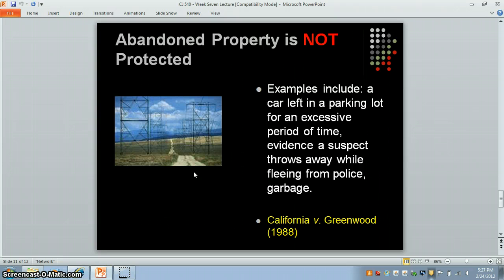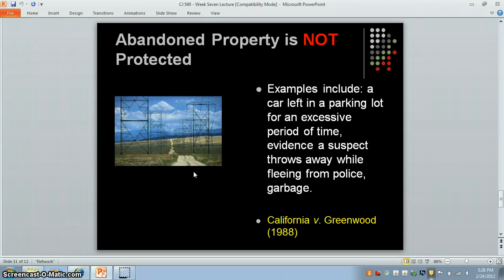Abandoned property does not belong to anyone because the owner has given it up. Also, property discarded or thrown away in an open field or public place is considered abandoned. For example, drugs discarded by a suspect at an airport restroom when she realizes that she is under surveillance would be considered to be abandoned.